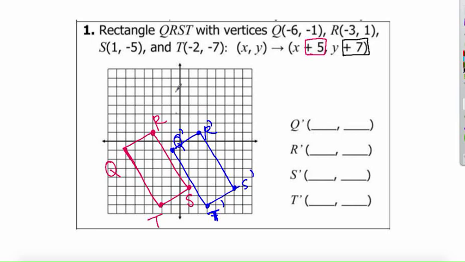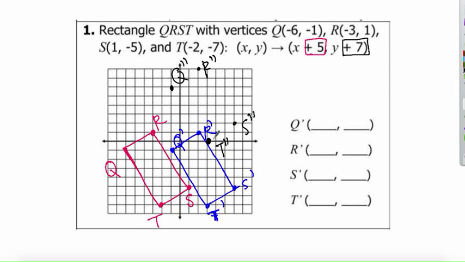I'm going to move Q up 7: 1, 2, 3, 4, 5, 6, 7. You could label this as Q double prime, meaning it's the second transformation of the original figure. R goes up 7. T goes up 7, and it's going to end up on this axis. And then S goes up 7.